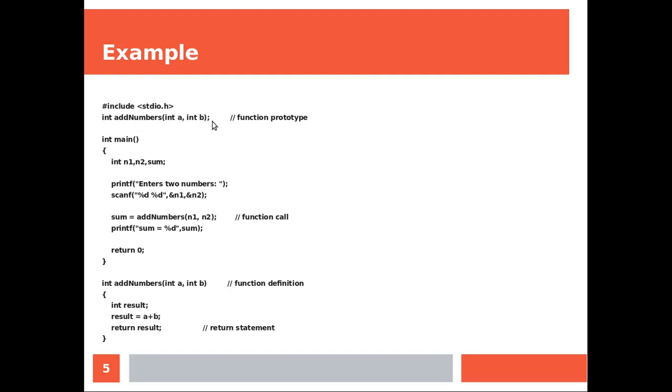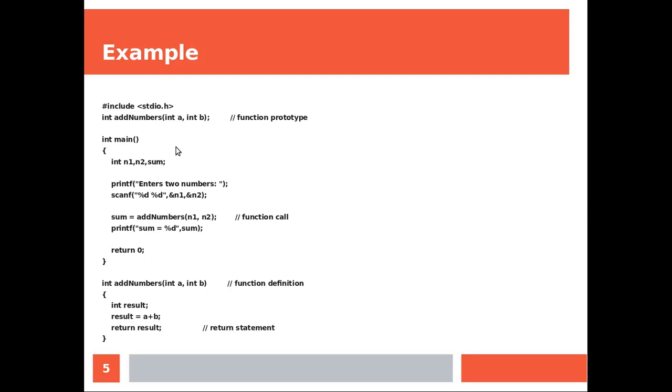It ends with a semicolon, which is very important. The syntax of a function prototype has a return type, int or any return type, then the function name, here add numbers, and then the parameters used and their types.